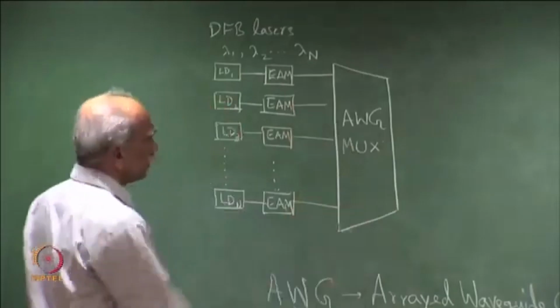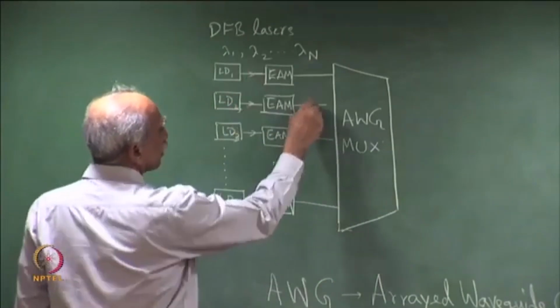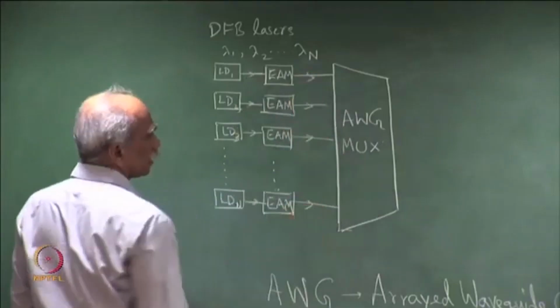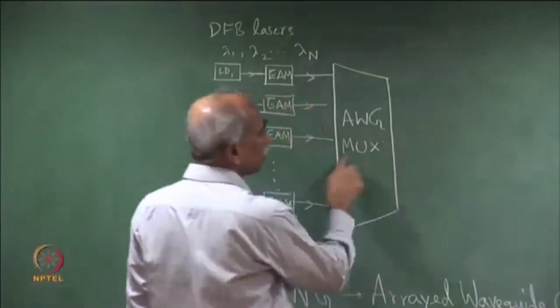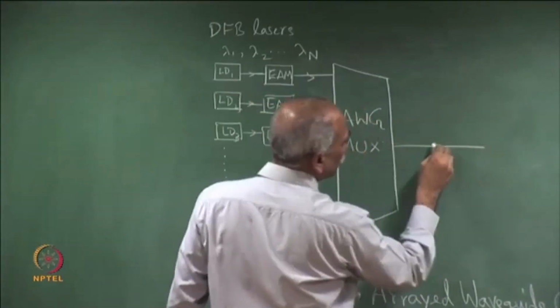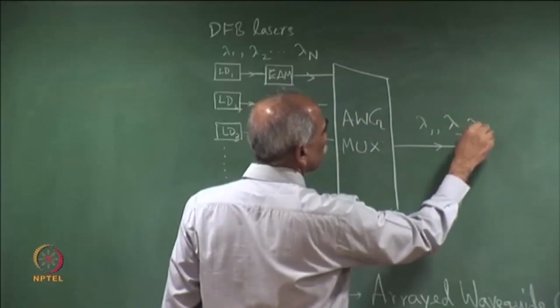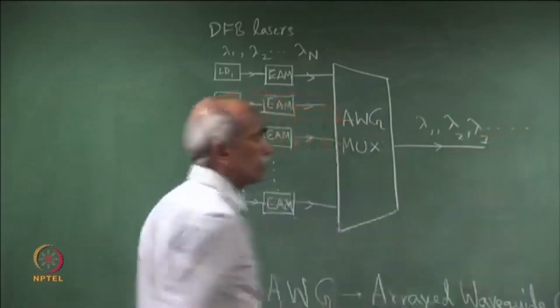So, AWG here. So, this is lambda 1, lambda 2. The output, this is a mux, multiplexer. So, we have n lambdas here. So, here is the output which has all the wavelengths coming here, lambda 2, lambda 3 and so on.